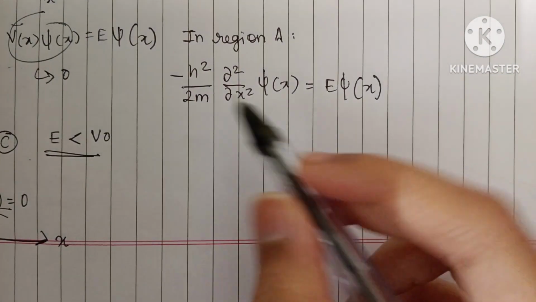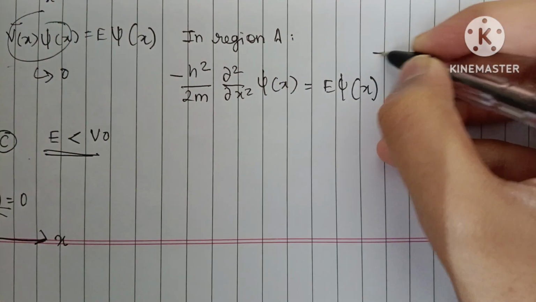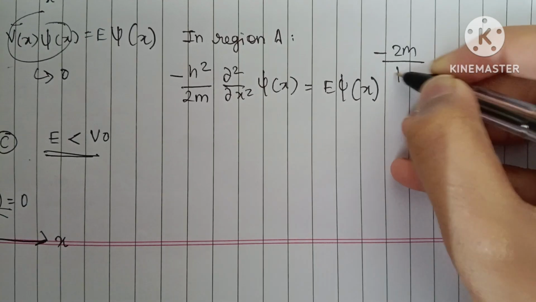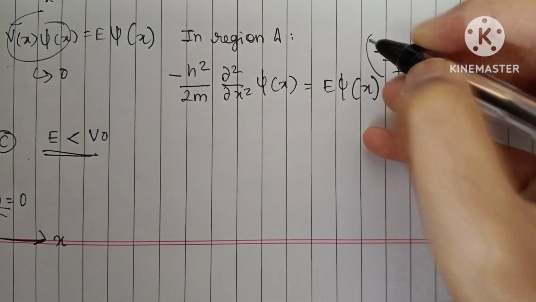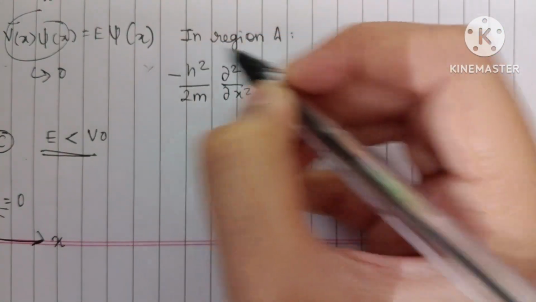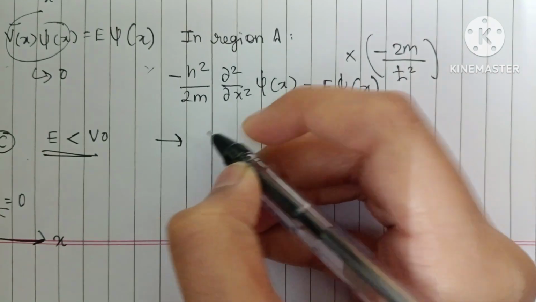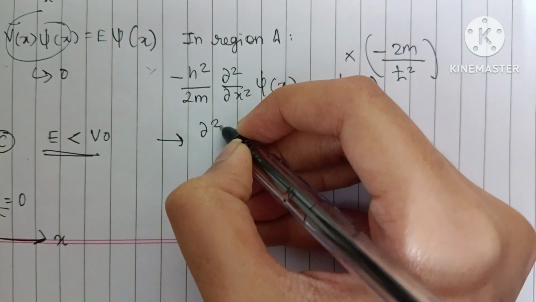After this, if we multiply both sides by minus 2m by h bar square, we will end up with this equation.